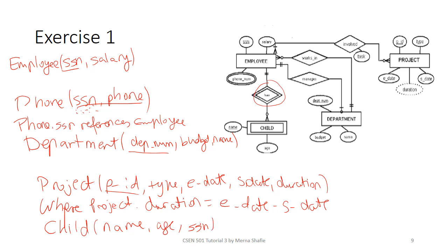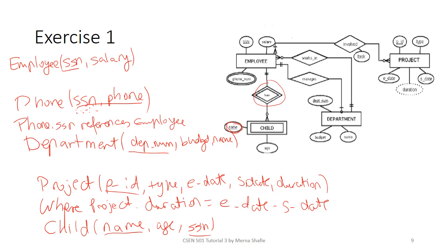In this case, what is the primary key of the child entity? It's going to be name, which is part of the primary key in the child entity, and the SSN together. They will form together the primary key, or what is going to define the child uniquely.